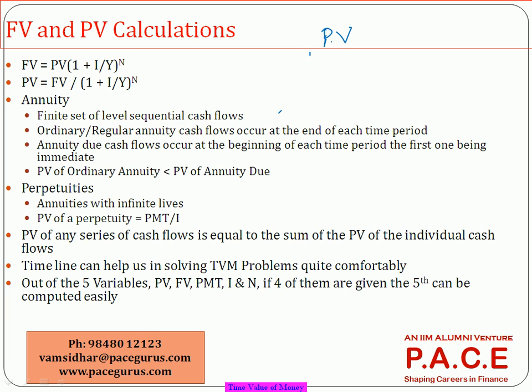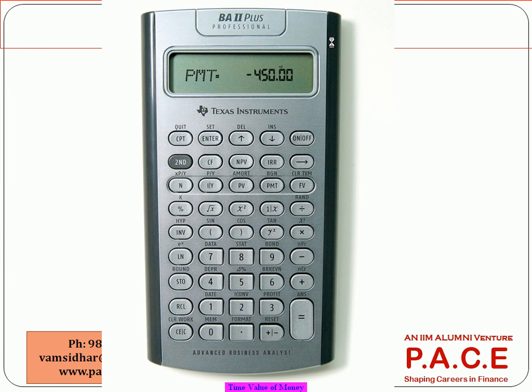Or in some questions it could be how much would I be getting, or how much should I deposit today? Or in some questions it could be what would be the worth of this investment as of today? So whenever we talk about today's value, we use the word present value. Even in our calculator, there is a button called present value.